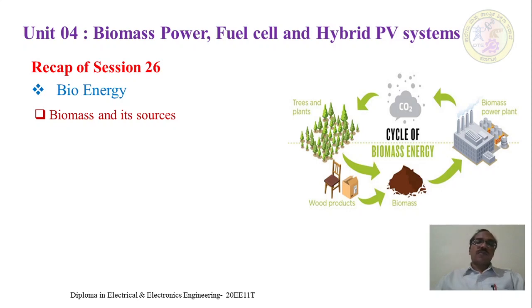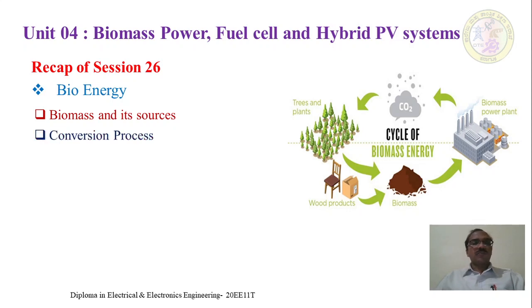And then we went for aquatic. The major source was algae, and another important source is the MSW, that is municipal solid waste, and the sewage. This is what we have discussed in terms of the sources.